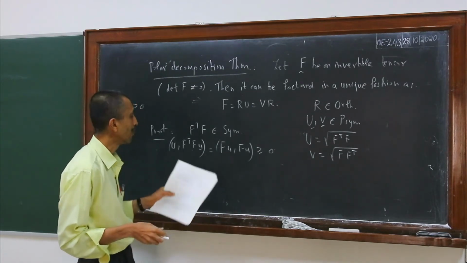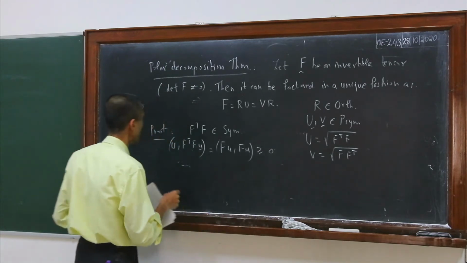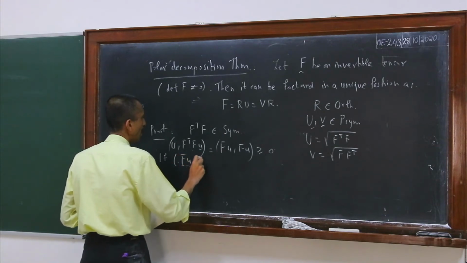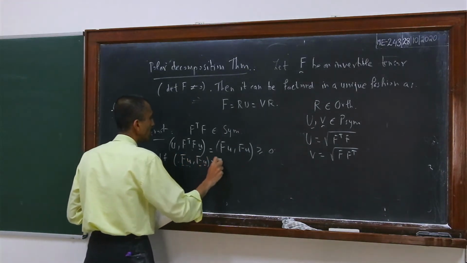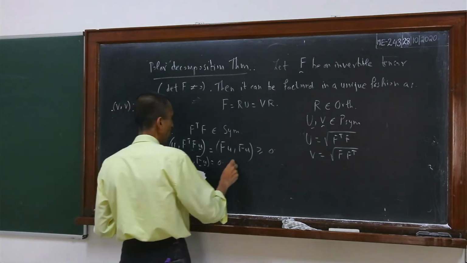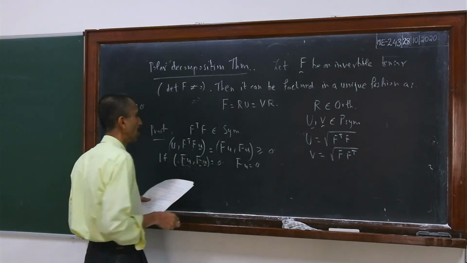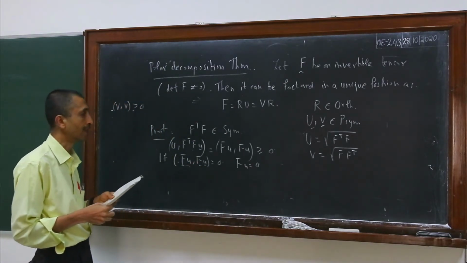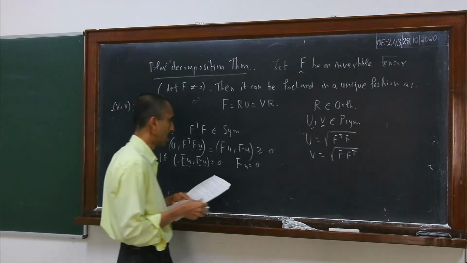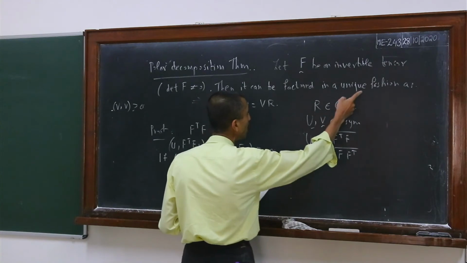Conversely, if Fu comma Fu is equal to 0, then Fu is equal to 0, right? Because this is just following from the definition of the inner product, right? So then from that you will get that u is equal to 0 because F is invertible, right?